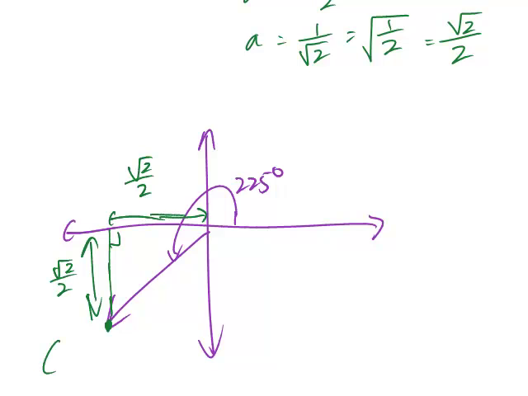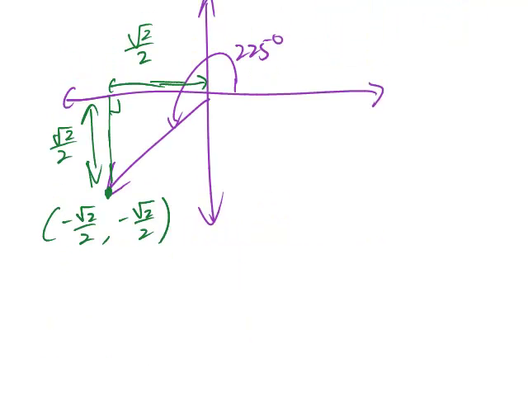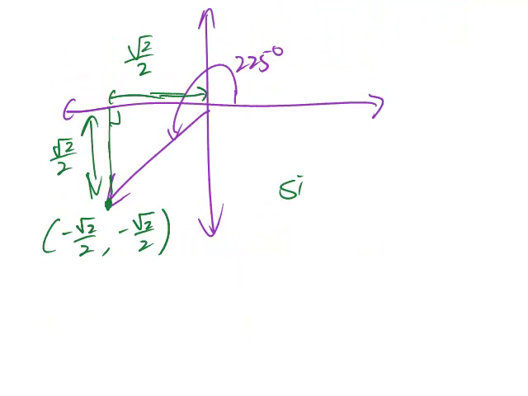But remember that even though these are lengths, the coordinates of this point, because we're going left and then down, are minus root 2 over 2 and minus root 2 over 2. And so let's use our definitions. Sine of 225 degrees equals v, the second coordinate, over the hypotenuse, which is 1.